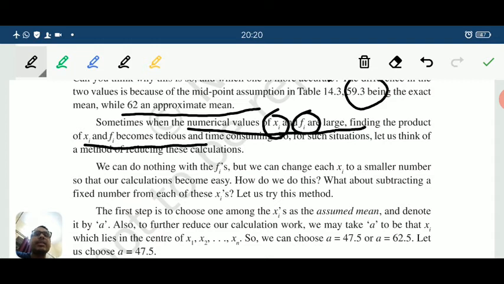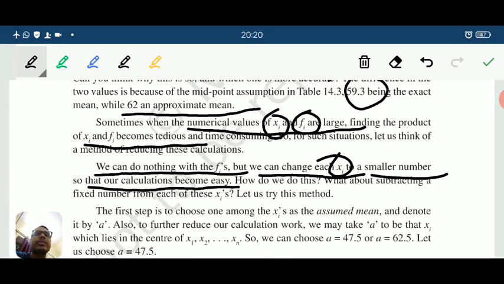We cannot do anything with the frequencies, but we can change each observation to a smaller number so that our calculations become easy. So how do we do that? We can subtract a fixed number from the given observations.